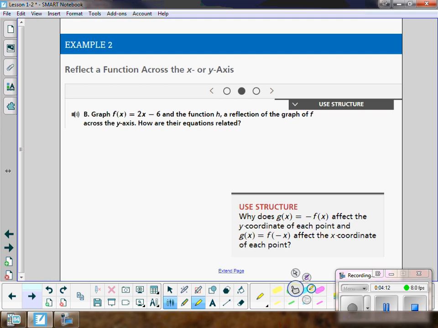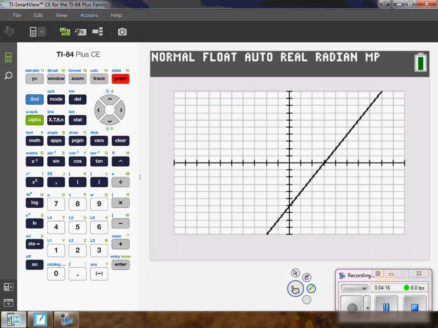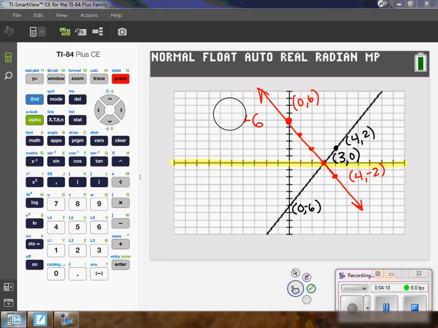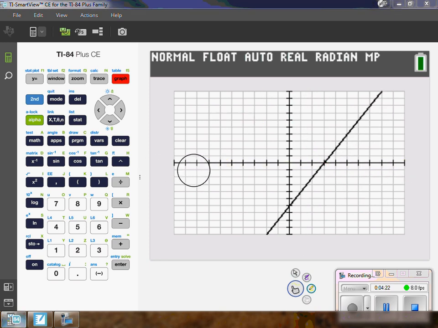In B, to reflect it over the y-axis, let's work from the graphing calculator again. Clear all this out. But this time, our y-axis will be our line of reflection. So this time, we're going to take a point, for example, like 3, 0, and reflect it over here to negative 3, 0.